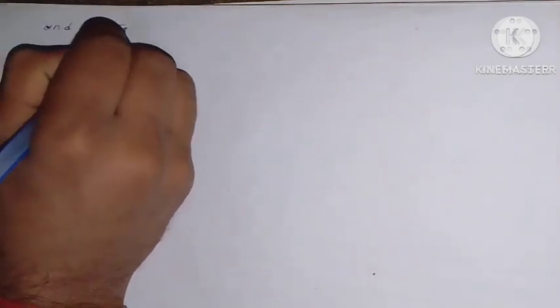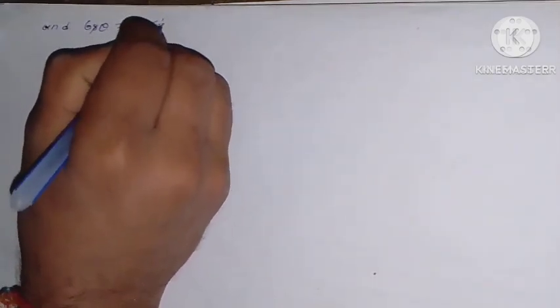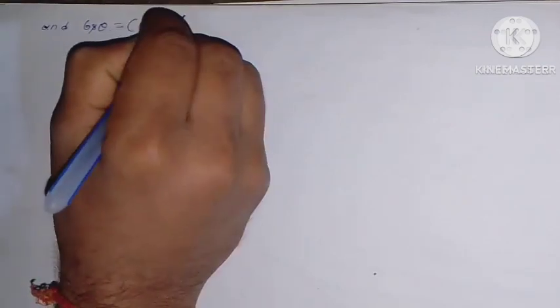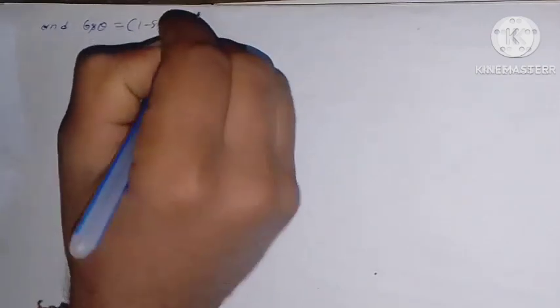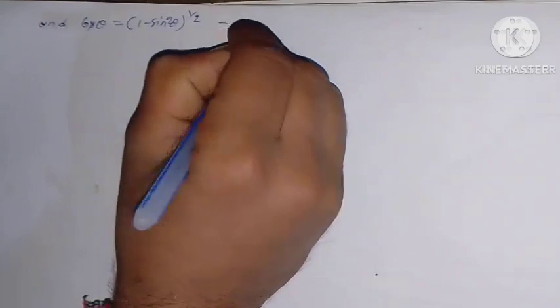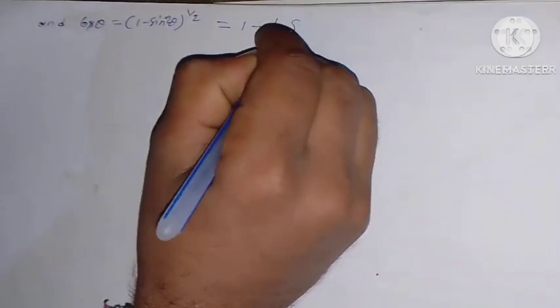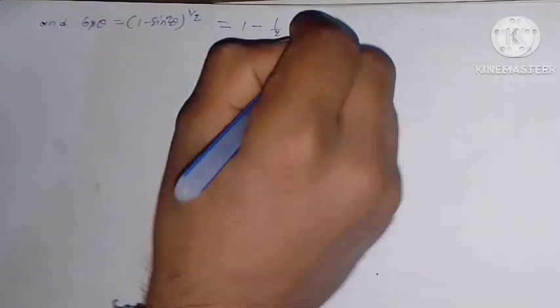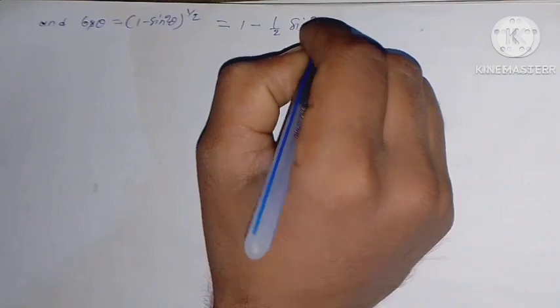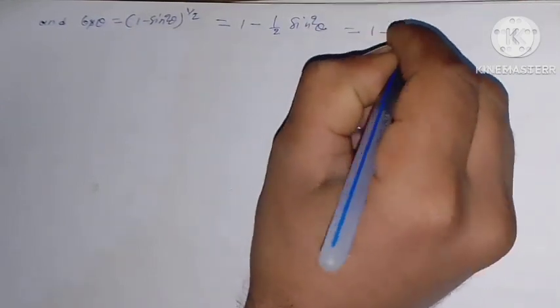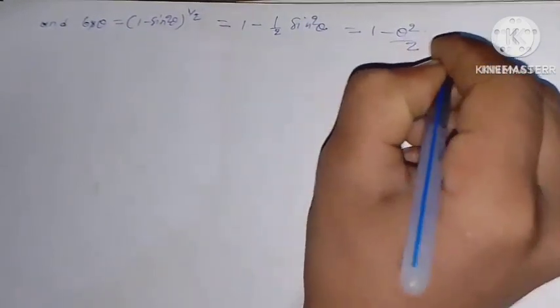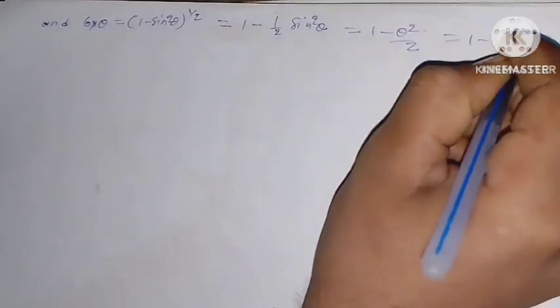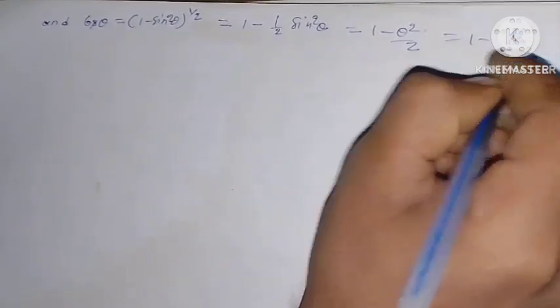cos theta equals (1 minus sin square theta) power 1 by 2, that is 1 minus 1 upon 2 sin square theta, equals 1 minus theta square by 2, equals 1 minus L square by 2R square.